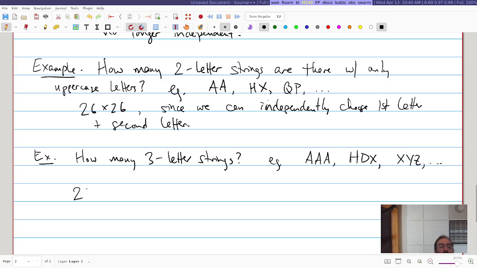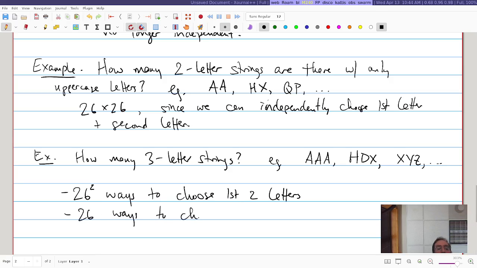So there's 26 squared ways to choose the first two letters, and 26 ways to choose the last letter, and hence it's going to be 26 cubed.